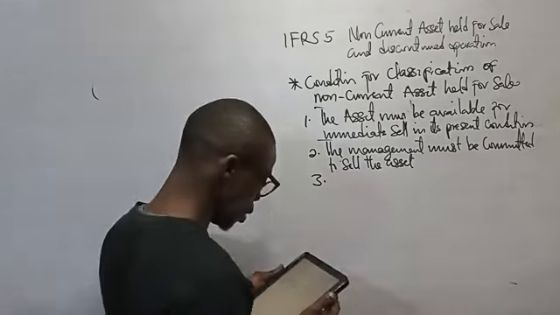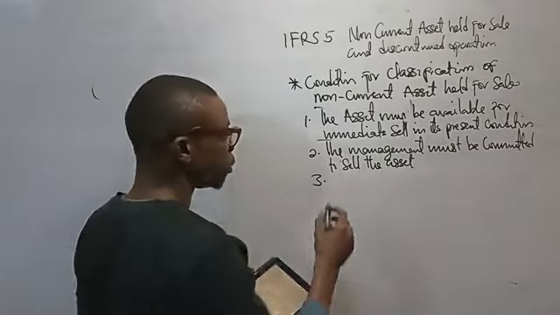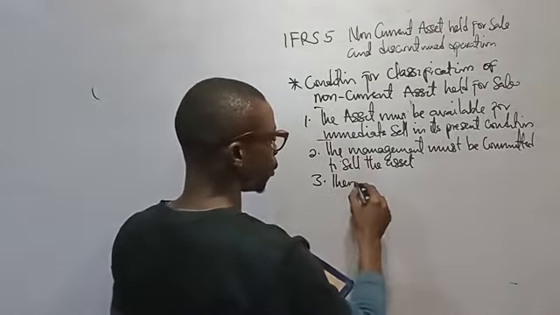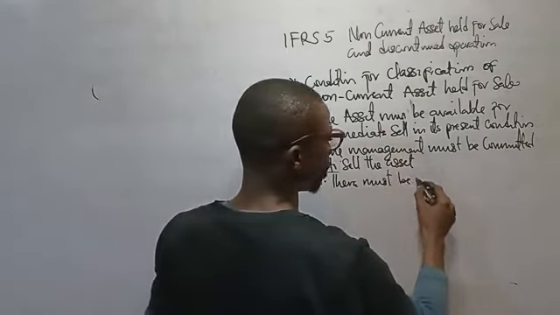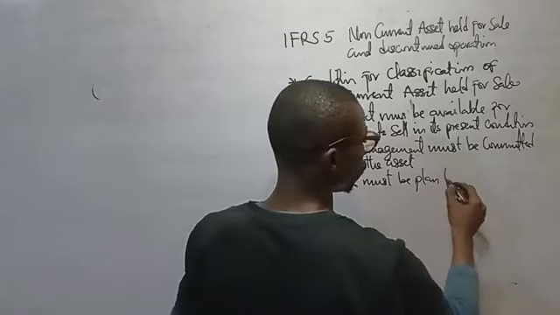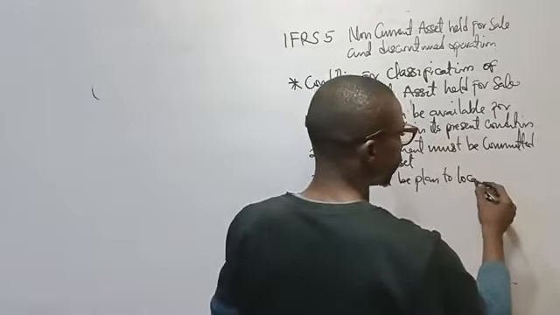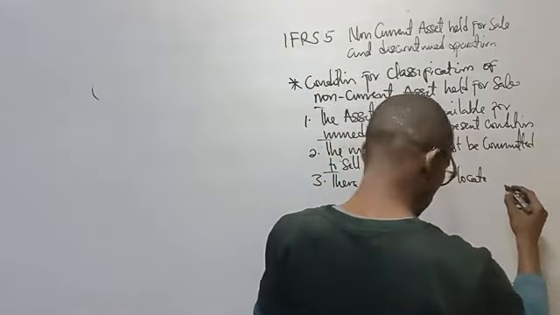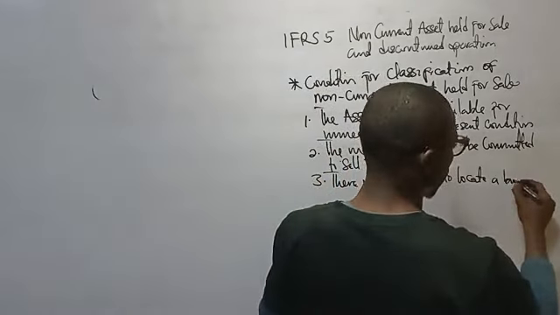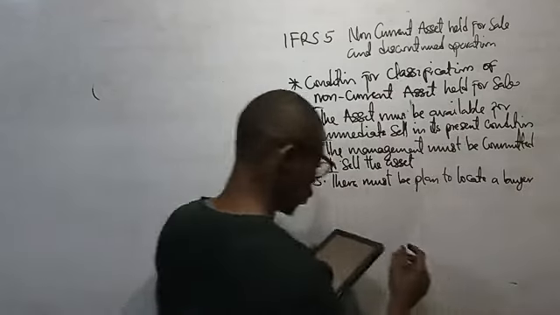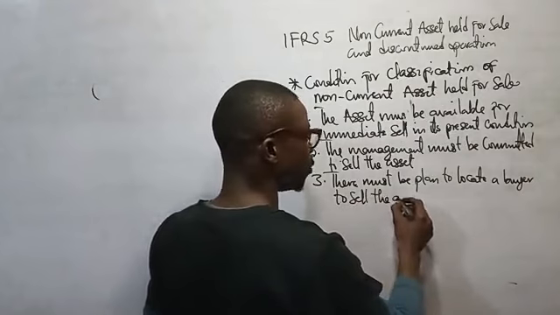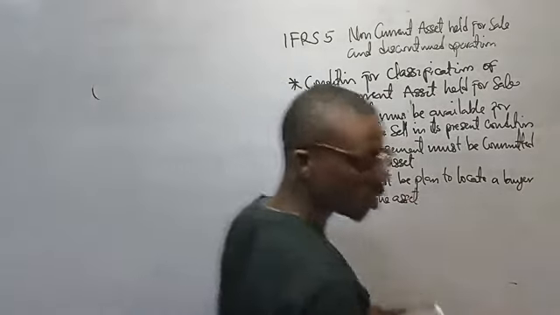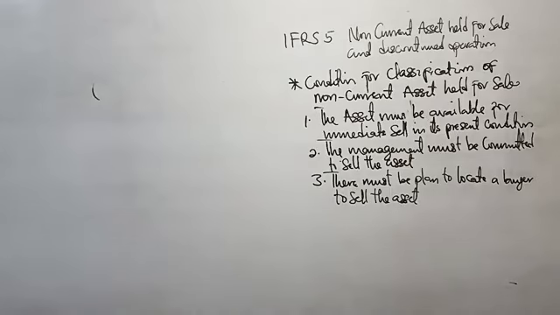Three is that there must be a plan to locate a buyer to sell the assets. Please, all these things I'm noting down, try to write them down in your book.